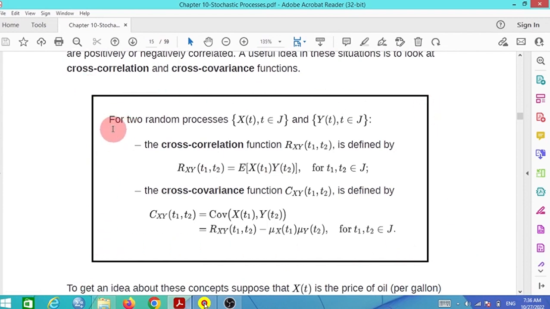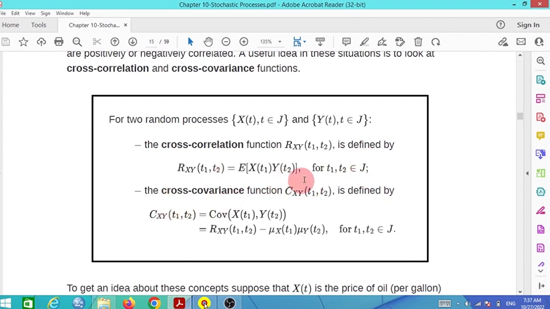For two random processes xt and yt, the cross correlation function, denoted by R_xy(t1, t2), is defined by R_xy(t1, t2) equal to the expected value of the product of the random processes at t1 and t2, for each t1 and t2 belonging to the index set.